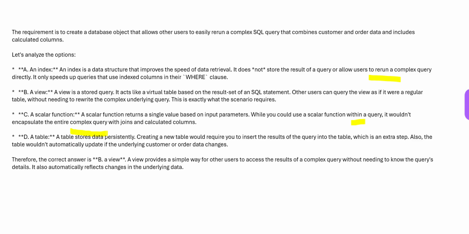And table is not required. See, you already are accessing two tables. Would you create one more table? And what is the problem with table? Will it work? It will work. Others can use that table, but you will have to constantly refresh that table. So the data will be stale for some time if you don't refresh frequently, and it will occupy storage space.